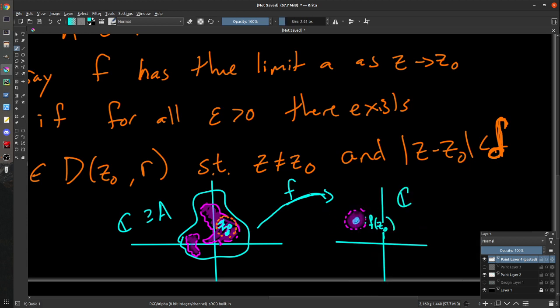Notice that this definition of limits says that for every epsilon radius ball about f of z naught, you have to be able to get within some delta radius ball about the point such that everything in there gets mapped to in here. It doesn't have to be equal to the entire ball, but everything from in there gets mapped in here.